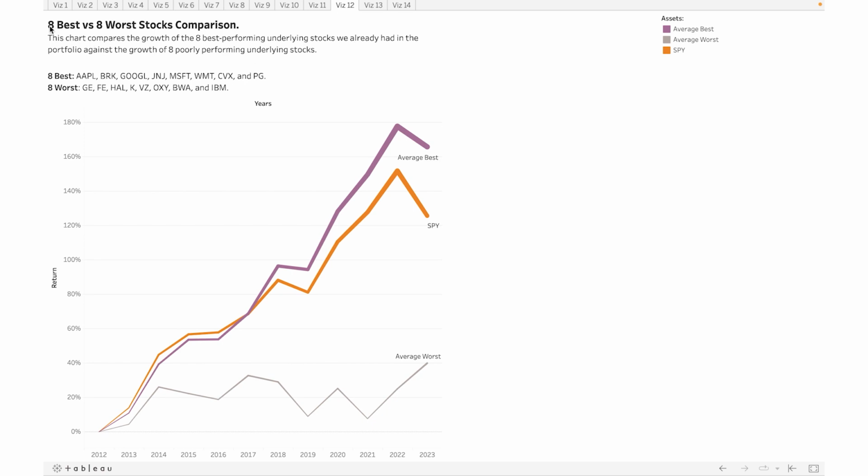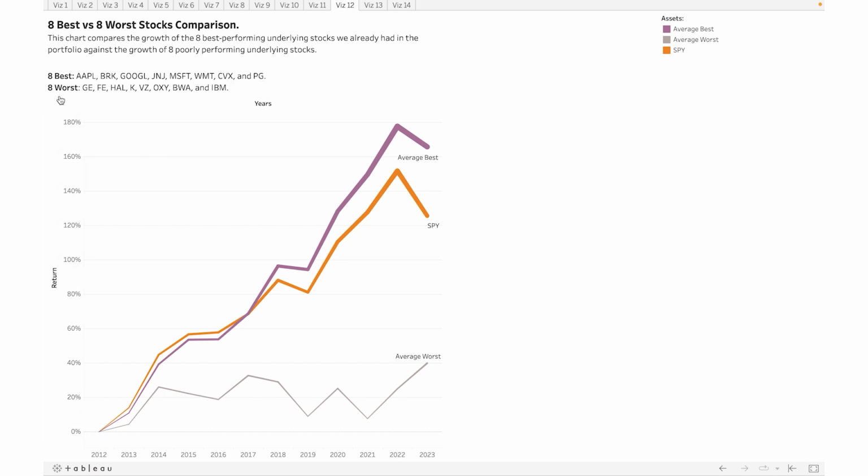Here we can see the return of the underlying assets of the 8 best stocks we have in our portfolio compared to the return of the 8 very poorly performing stocks we purposely picked. We also included the S&P performance as a reference. The 8 best stocks we have were Apple, Berkshire, Google, Johnson & Johnson, Microsoft, Walmart, Chevron, and Procter & Gamble.